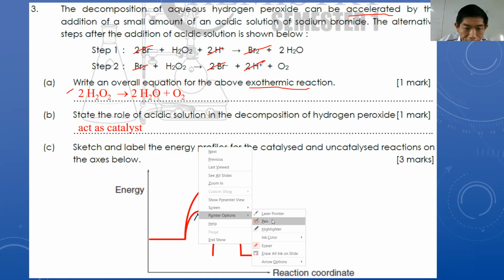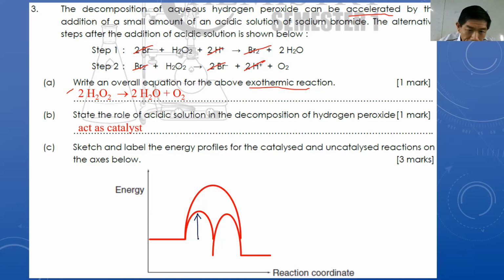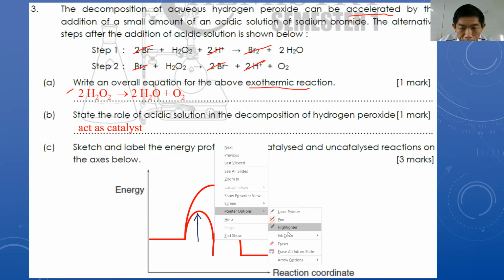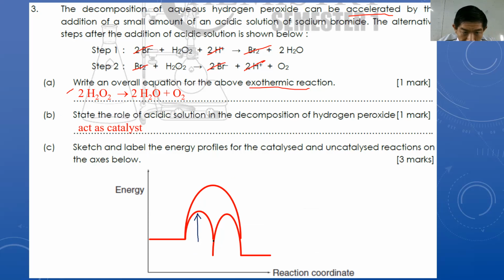Sorry for the wrongly labeled, I will label again here. And this is the uncatalyzed reaction. For the catalyzed reaction, we use a different color. So straight away from the reactant to the peak here, this is the catalyzed reaction. And you label accordingly, stating that this is catalyzed.